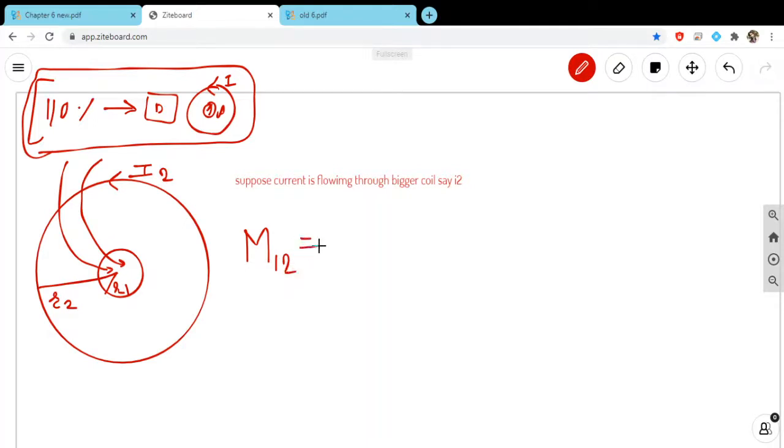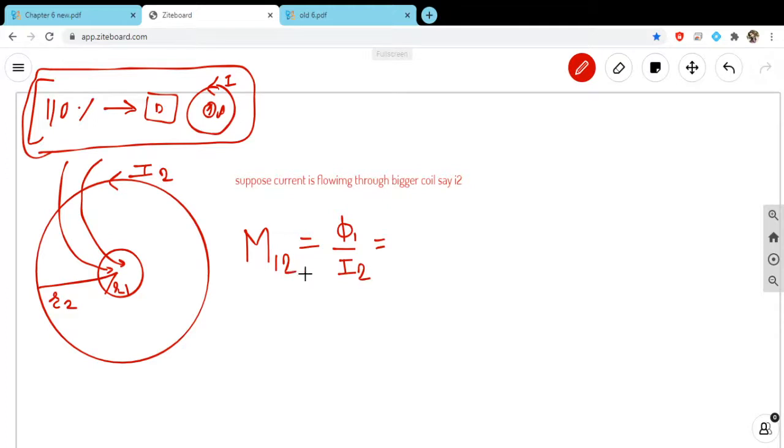So M12 is phi 1 by the current flowing in the bigger coil, that is I2. This will be our equation. It is fine if you don't write M12 or M21, but I put the values here so you can understand what 1 and 2 are. The flux that is connected with the smaller coil I write as phi 1, and the current flowing through the bigger coil I write as I2.